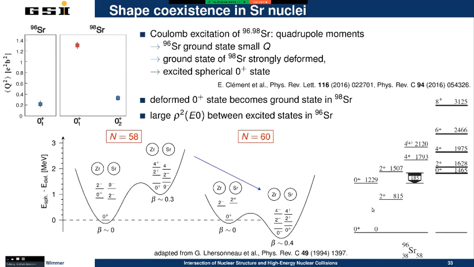The interpretation is that by changing from neutron number 58 to neutron number 60, you essentially swap the two minima, and what was the spherical configuration and the ground state now becomes an excited state, because this deformed configuration becomes even lower in energy.